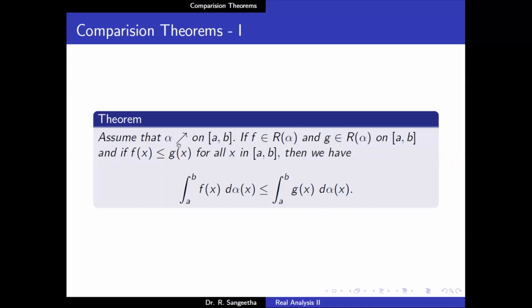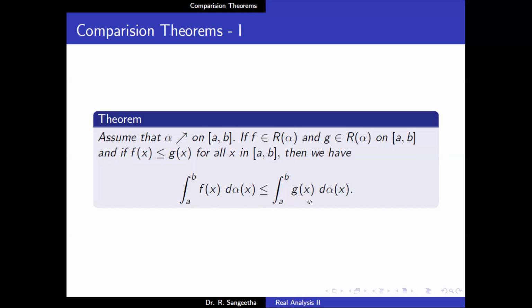Assume that alpha increases monotonically on closed interval a comma b. If f belongs to R of alpha and g belongs to R of alpha on closed interval a comma b, and if f of x is less than or equal to g of x for all x in closed interval a b, then we have integral a to b f of x d alpha of x is less than or equal to integral a to b g of x d alpha of x.